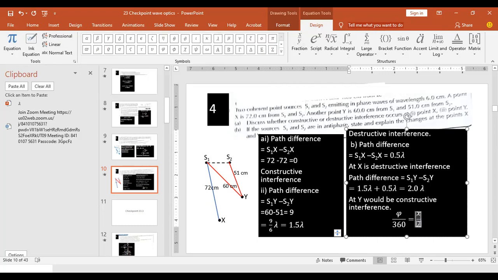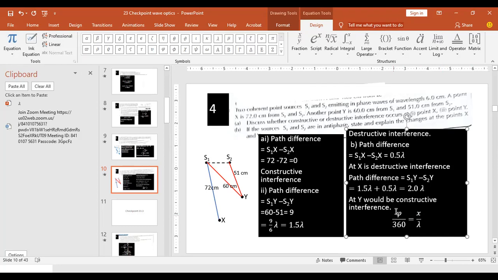That's your phase. 180, antiphase means 180 degrees. So this will be half. So x becomes half of lambda.